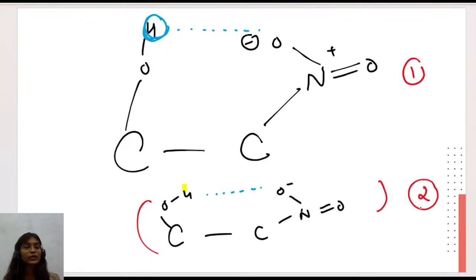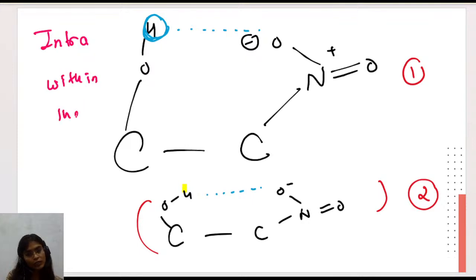This kind of bonding is known as intra. Intra means within the same molecule, unlike inter, which is between more than one molecule. The famous examples are orthonitrophenol and ortho-nitro carboxylic acid. I hope it's clear now.